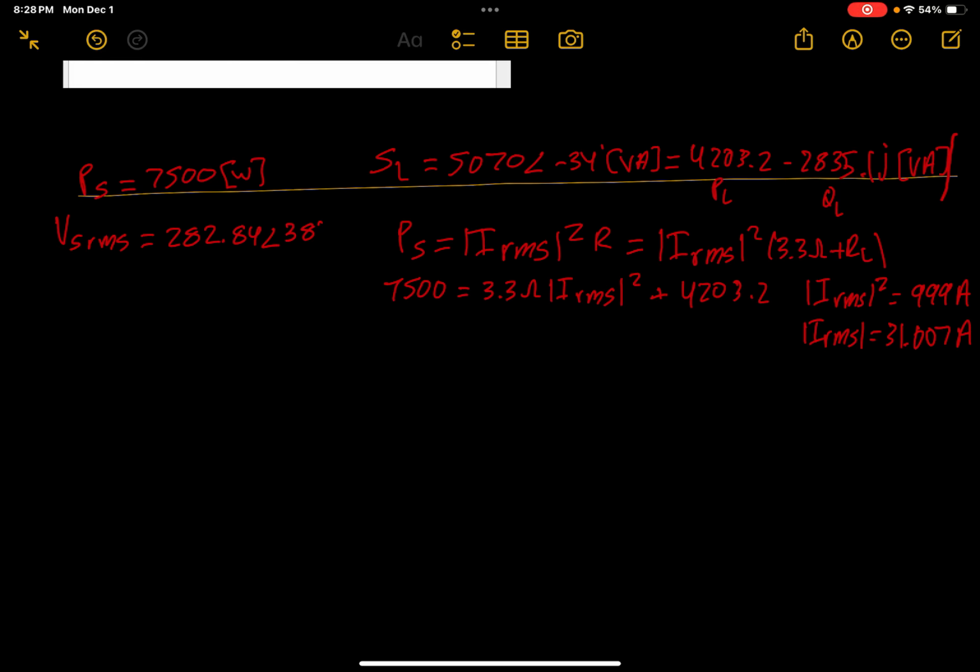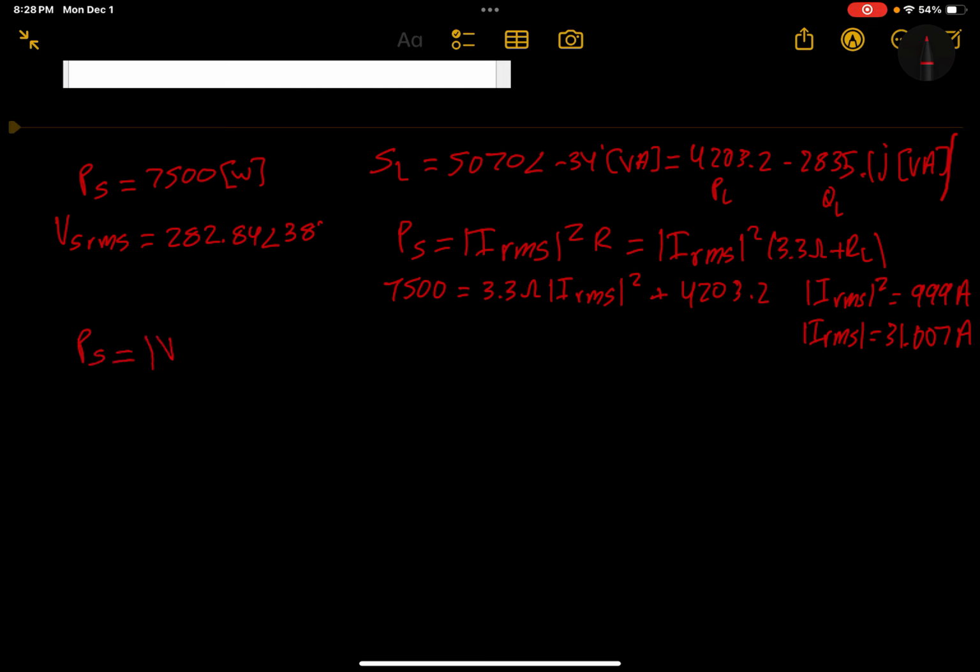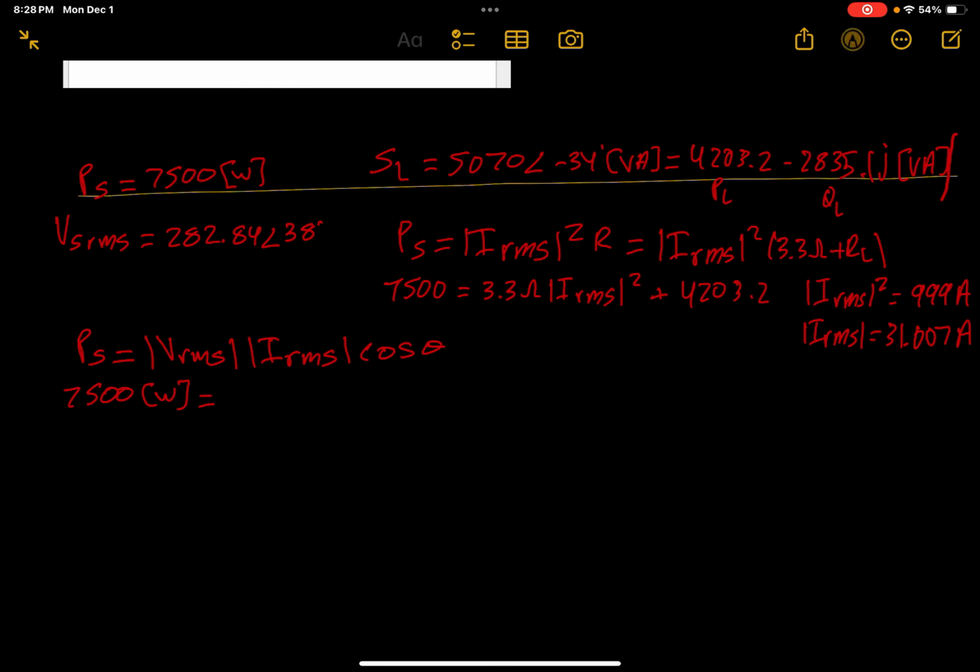Then we now have enough information to solve for the angle of the source. And we want that so then we can solve for the reactive power of the source. So we have PS equals the magnitude of VRMS, the magnitude of IRMS, and then cosine theta. So then we can just plug in the values that we already know, which is 7500 watts. The magnitude of VRMS, that would be the 282.84.